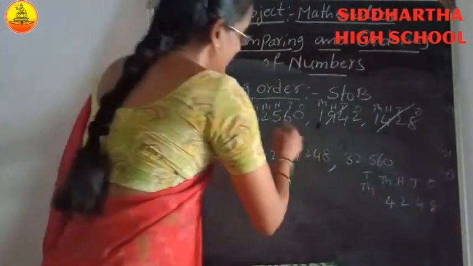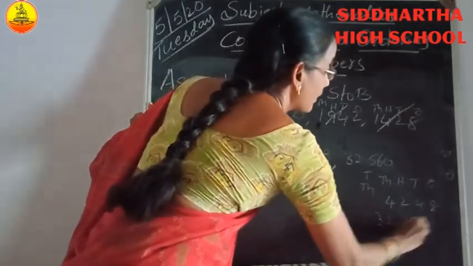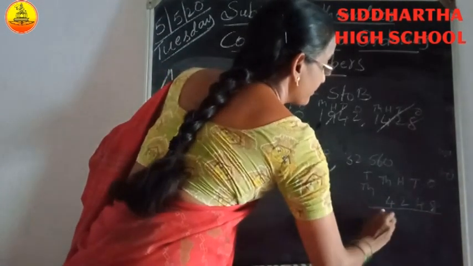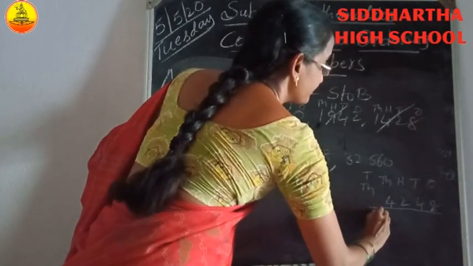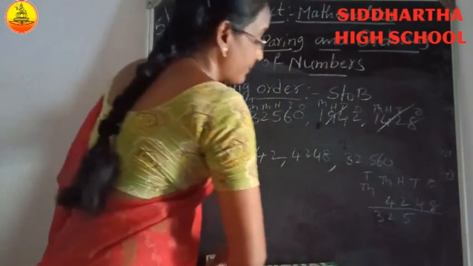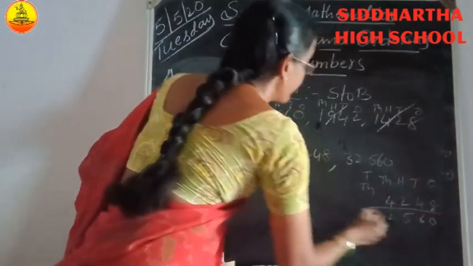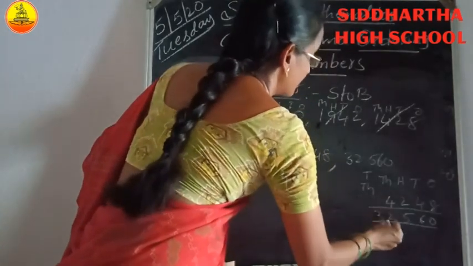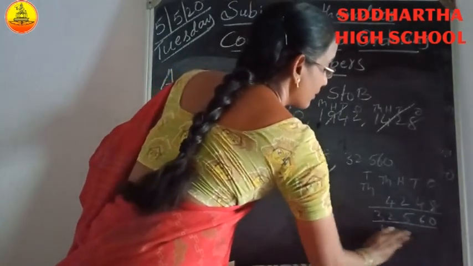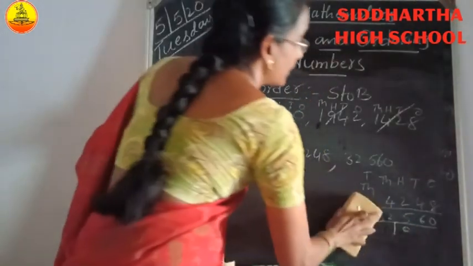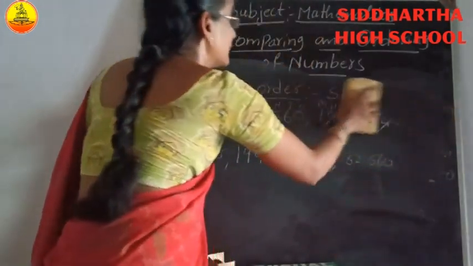4,248, second number 32,560, third 1,942, fourth 1,428. Children can't see here, I will write it up once you check.